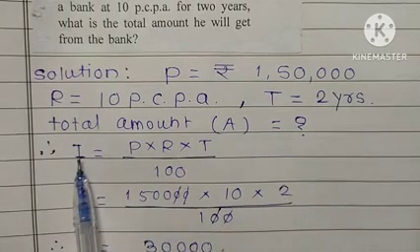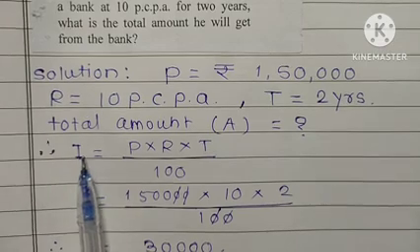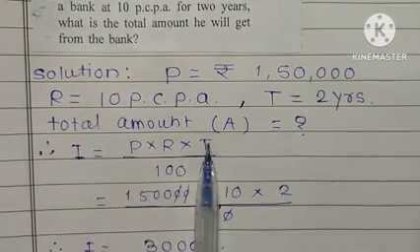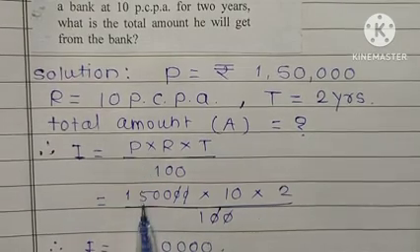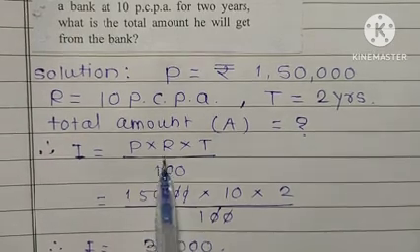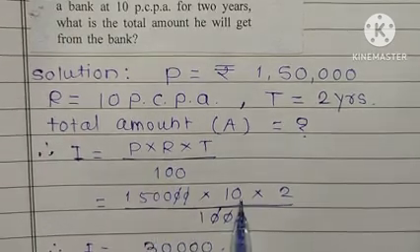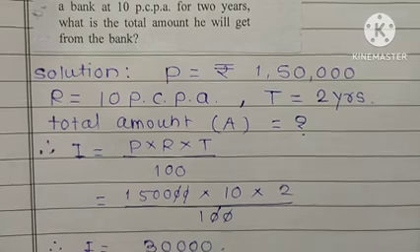So first of all you find out I, that is simple interest. I is given by P into R into T upon 100. P is principal amount 1,50,000, R rate of interest 10, and time period 2 years, upon 100.